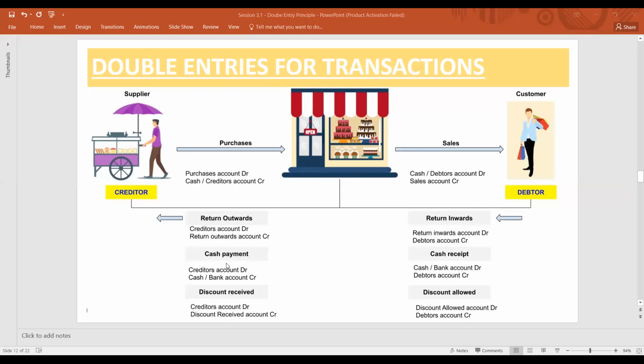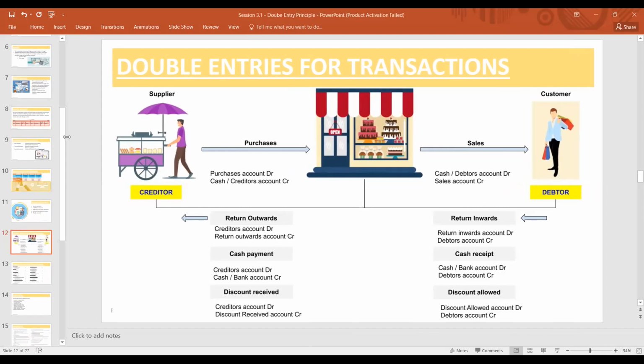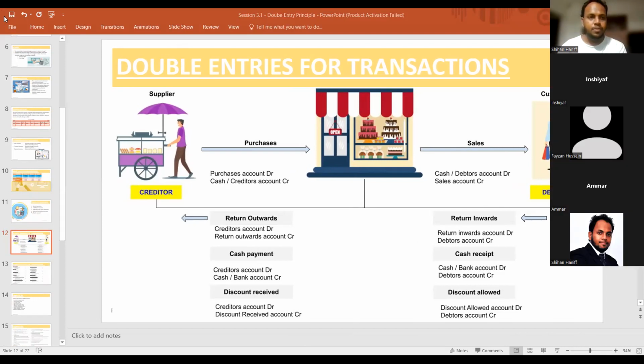Then there may be cash payments and discounts. So discount received, double entry, creditors account debit, discount received credit. Discount allowed debit, debtors account credit. So what I do to remember this easily is we remember the double entries using opposites. Then it's easy to remember. Right?